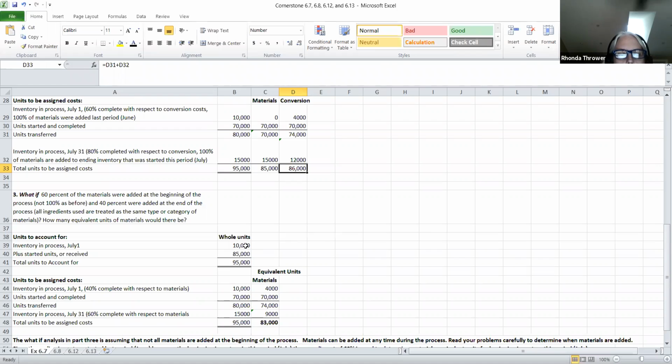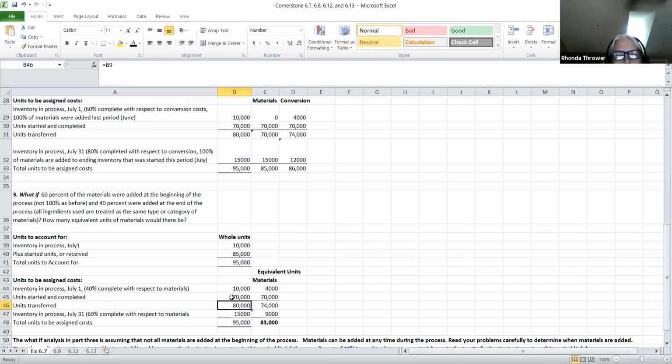That was given. So we had this that was given, and we know that this is also given here. This is the same thing. These are given amounts, 10,000 for the beginning inventory. We have to find the units started and completed. They told us that the units transferred were 80,000.